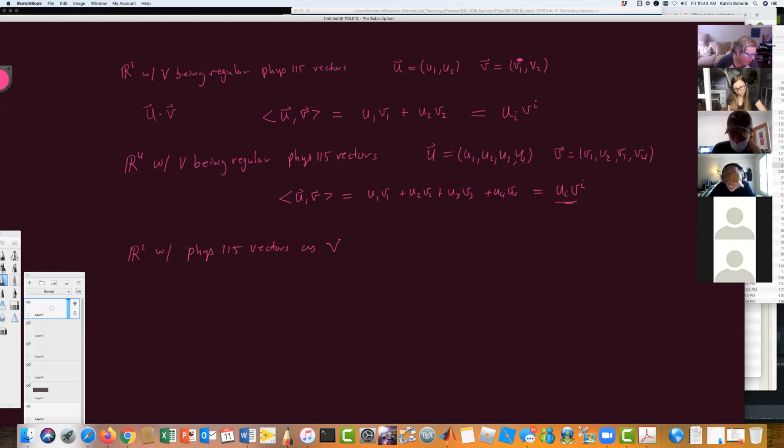We could have an inner product. So suppose we have a set of numbers, W_i. They're just numbers, you know, i equal 1 to 2, 1 and 2, that are real and positive.